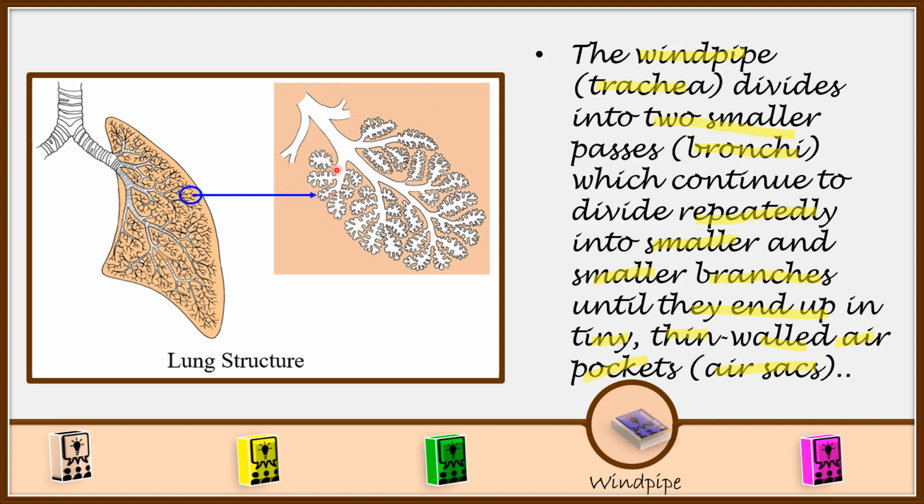Then they stop dividing. So that's how the windpipe divides into bronchi, which subdivide into smaller ones, and end up in small sac-like or pocket-like structures, which we call the air sacs.